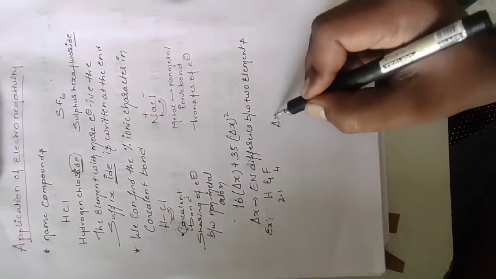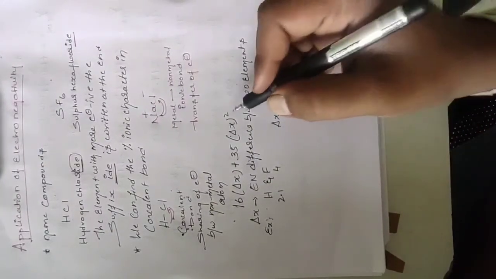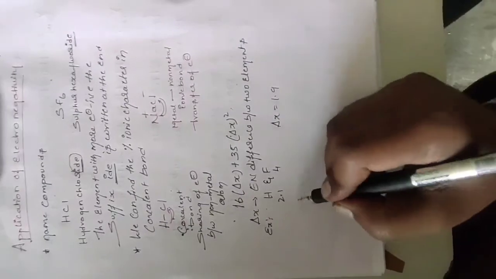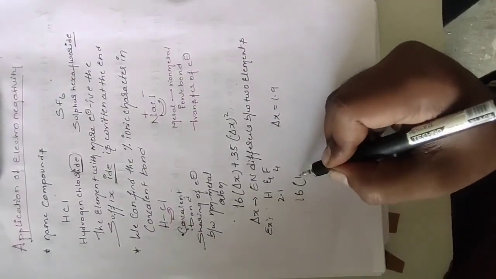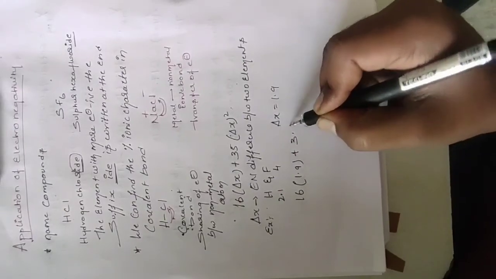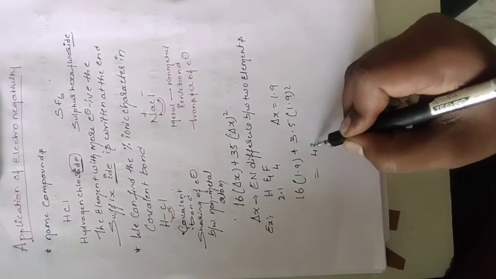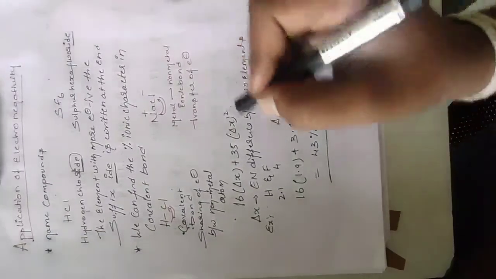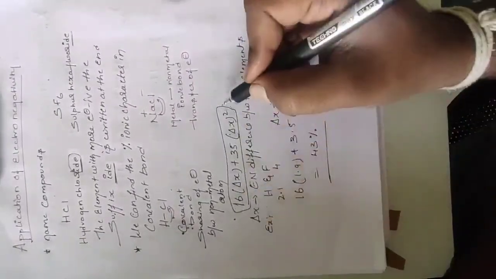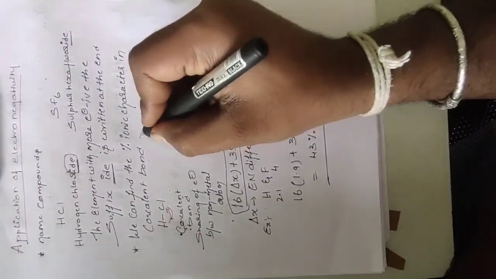If you put delta X equals 1.9 into this formula, 16 into 1.9 plus 3.5 into 1.9 whole square, we get 43%. By using this formula, we can find the ionic character in the covalent bond.